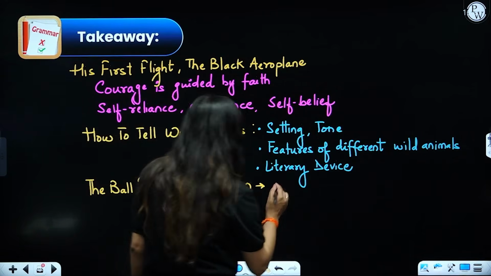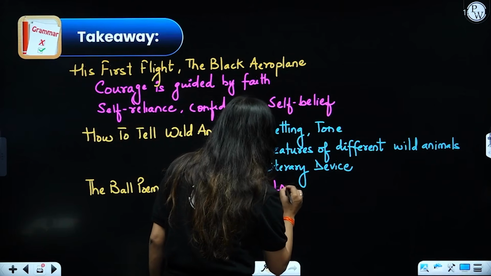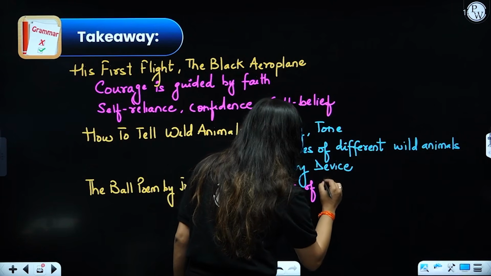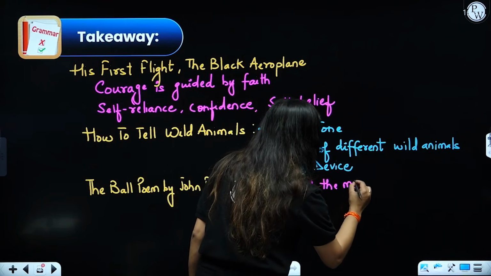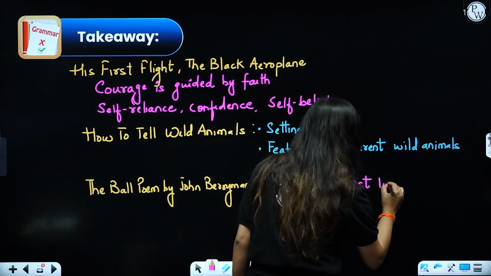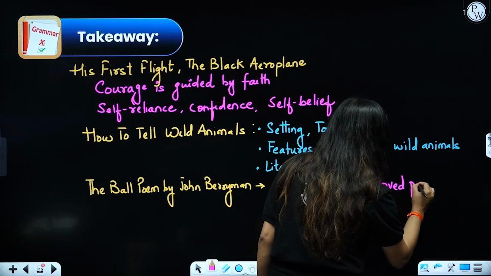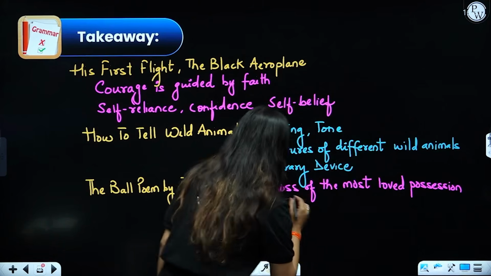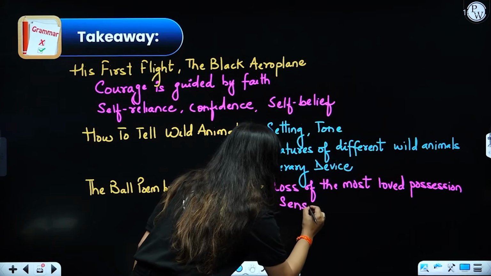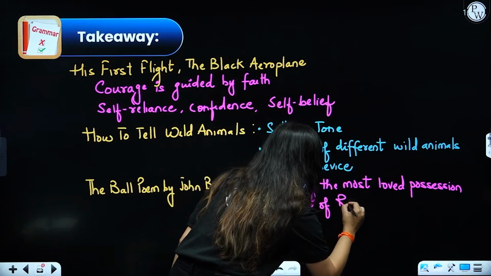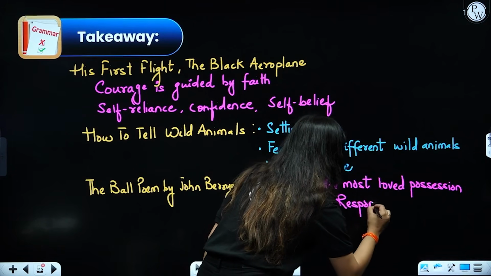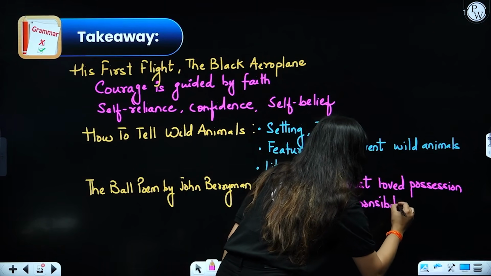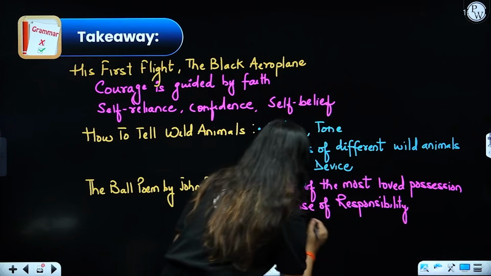What are the key points? Loss of the most loved possession. Sense of responsibility. And that money is external.